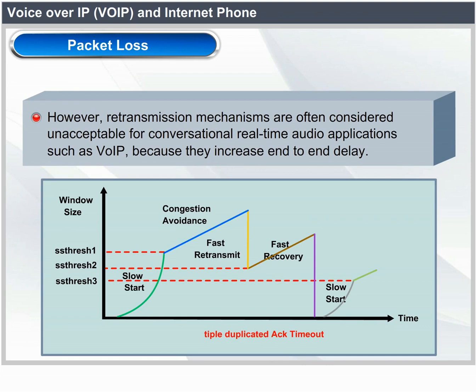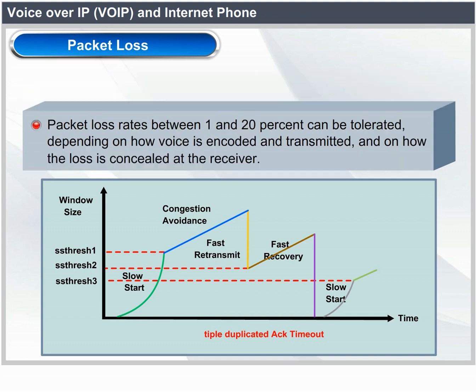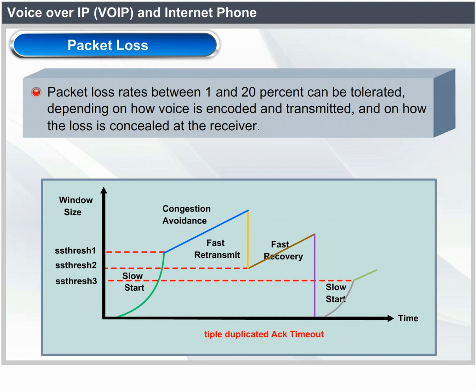Due to TCP congestion control, packet loss may result in a reduction of the TCP sender's transmission rate to a rate that is lower than the receiver's drain rate, possibly leading to buffer starvation. Packet loss rates between 1 and 20% can be tolerated, depending on how voice is encoded and transmitted and on how the loss is concealed at the receiver.